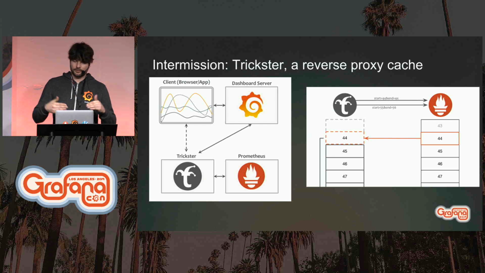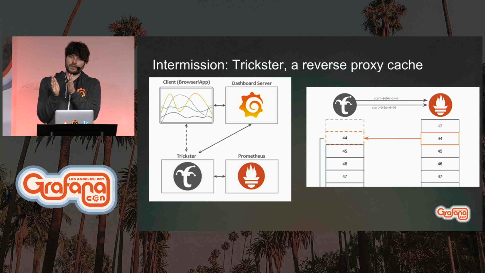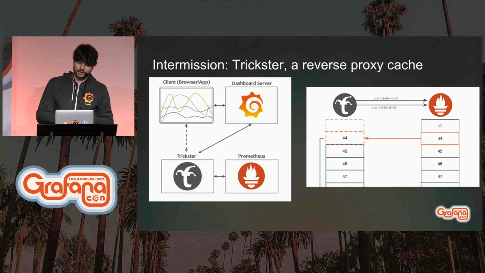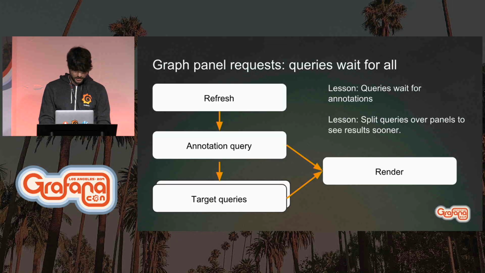If you have constantly refreshing dashboards, the request is modified by the proxy to only request the smaller time chunk that's not already there, and you can shave a bit of time and I guess also capacity of the request. So that's a useful thing to look at.